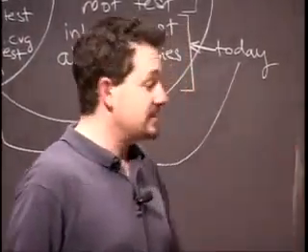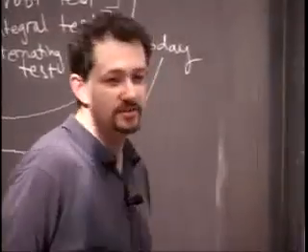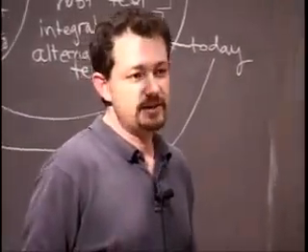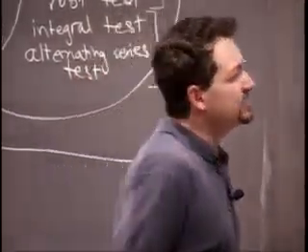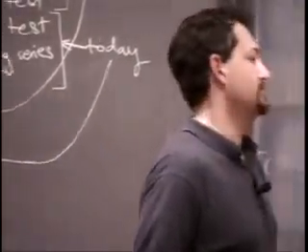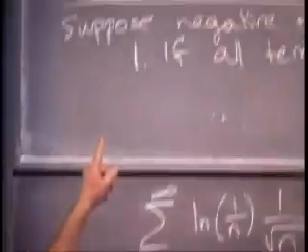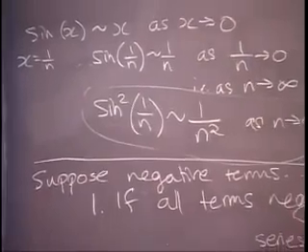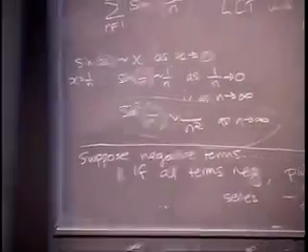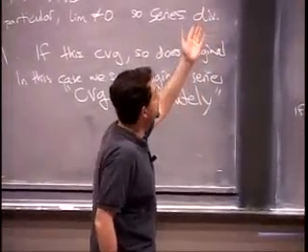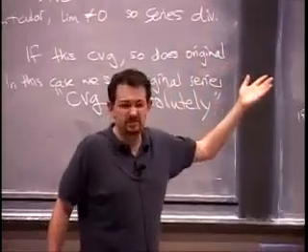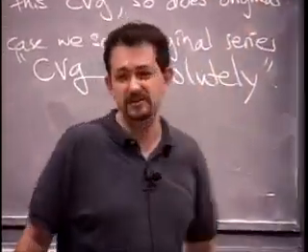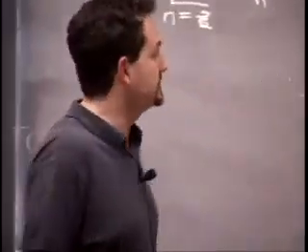If you did this, the new series would still converge. So any series that we wrote down that's all positive terms, such as that one up there, sine squared of 1 over n, certainly all the terms are positive. Well, that converges, as we saw, so it also converges absolutely. It's not very interesting because all the terms are positive. Where it's interesting is where some of the terms are negative and some are positive.